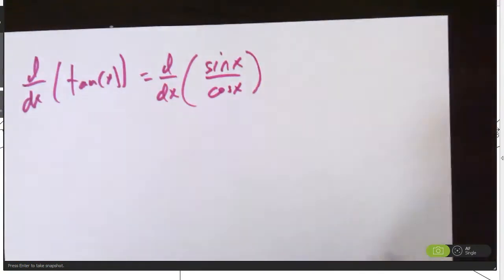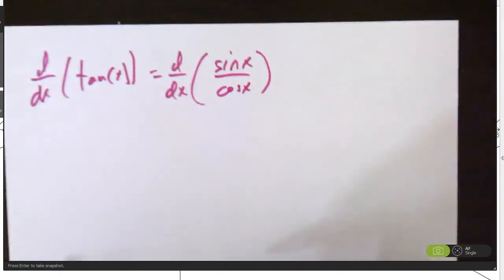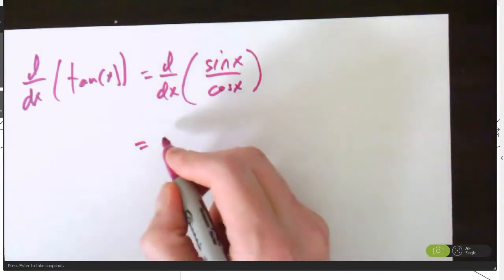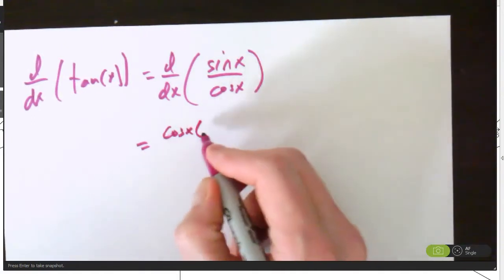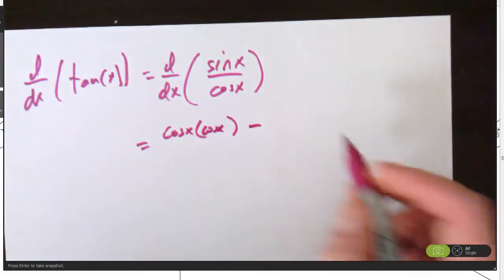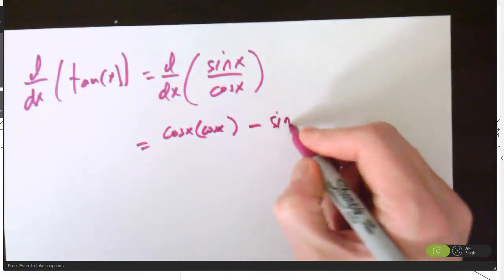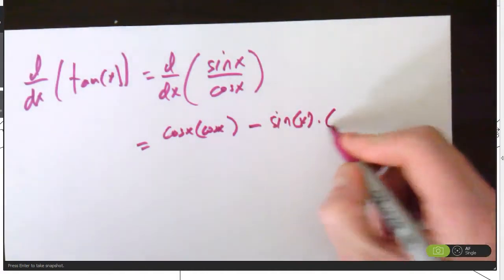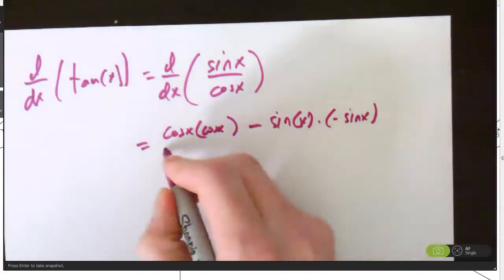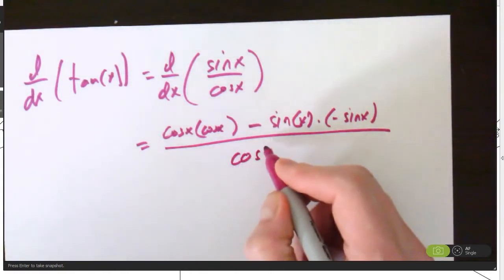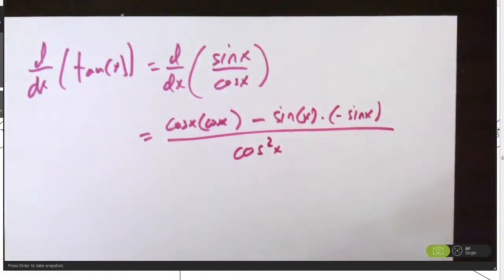So the rule is derivative of the top times the bottom: the derivative of sine was cosine x times the denominator, cosine x, minus the numerator times the derivative of the denominator. The derivative of cosine x was negative sine x, all over the denominator squared, cosine squared x.